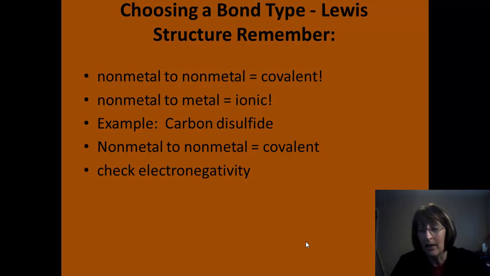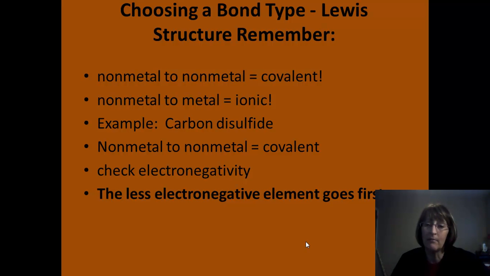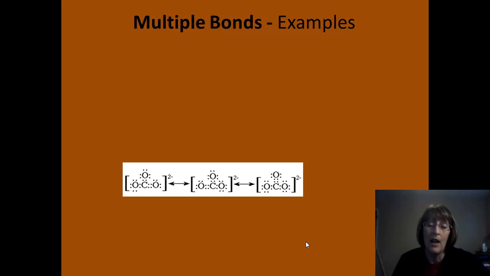Again, kind of a cheater way to do it is to say, hey, look, we've got 1 carbon and 2 sulfurs, so we're going to stick the carbon in the middle. The less electronegative element goes first when you write the formula. So we have CS2. Oh, I backtracked. I didn't show you how to write that one. But the carbon has its 4 electrons, and it's going to share with the sulfur. Each of the sulfurs has 6 valence electrons.